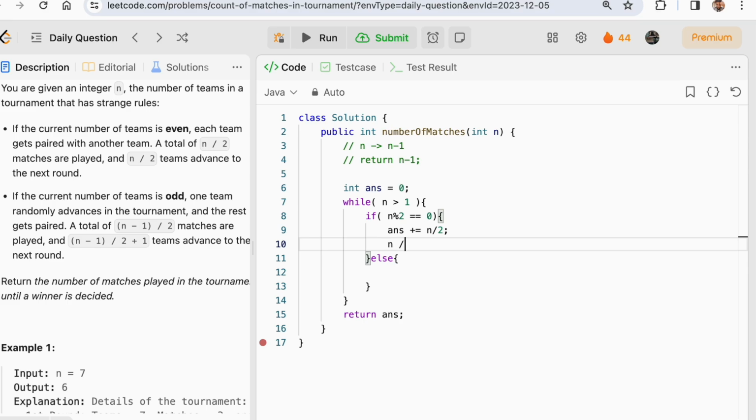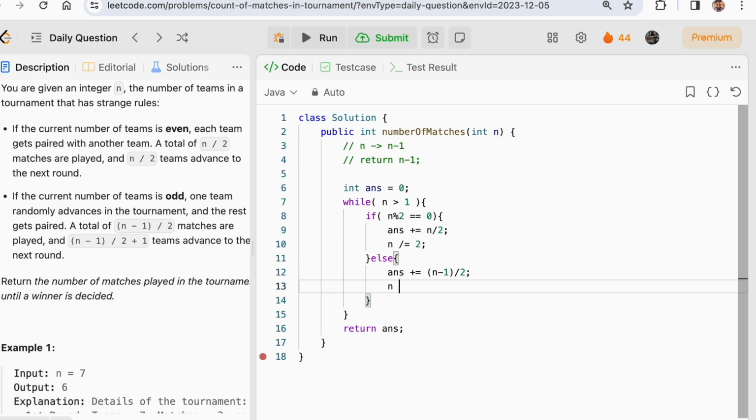So n divided equals 2. If it is odd, then answer plus equals (n minus 1) divided by 2. There will be (n minus 1) divided by 2 matches, and the teams going to the further step are (n minus 1) divided by 2 plus the one team that did not participate.